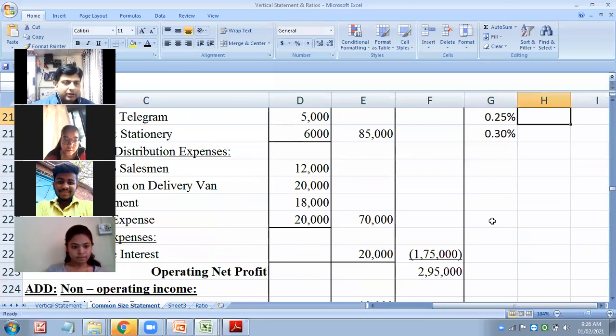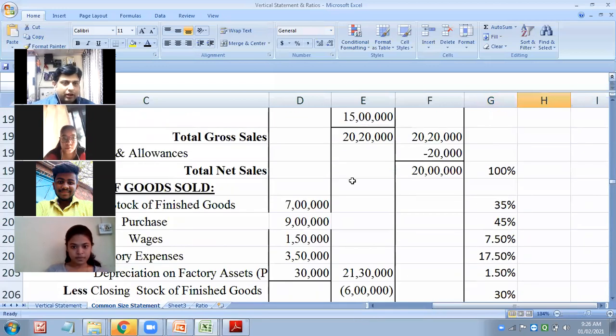So what is the base? Base is vertical. Once you make the vertical statement, then these things are very simple to get the common size. Like in the income statement, you are taking sales as base, considering sales as 100% and getting other sizes.